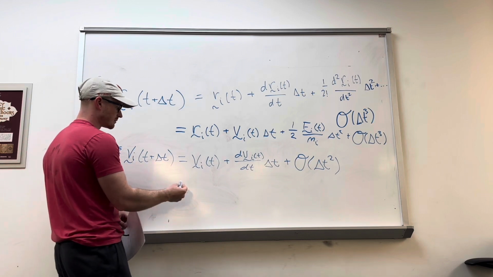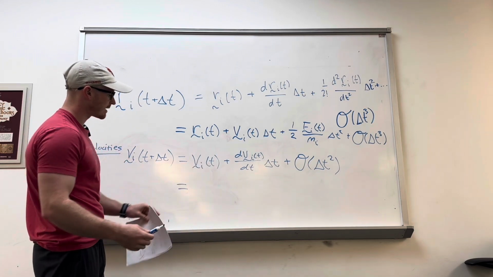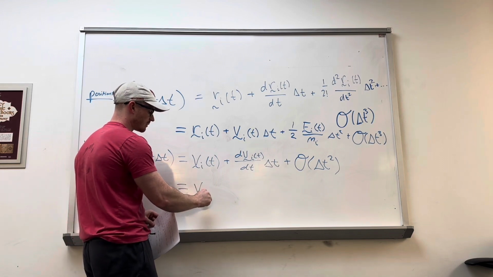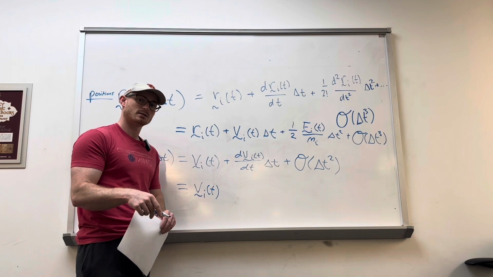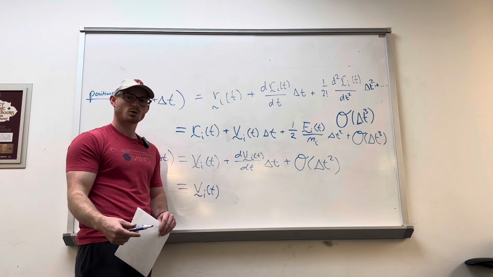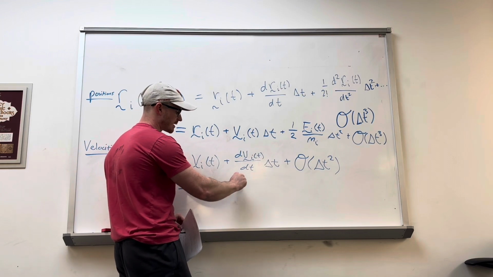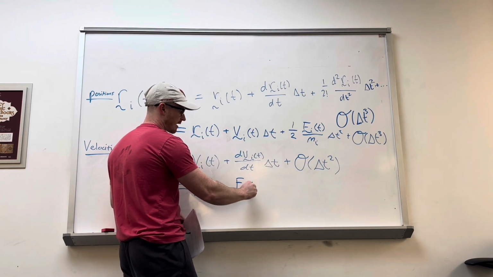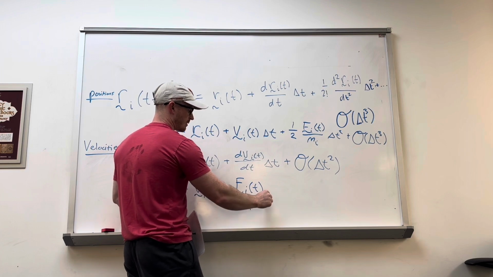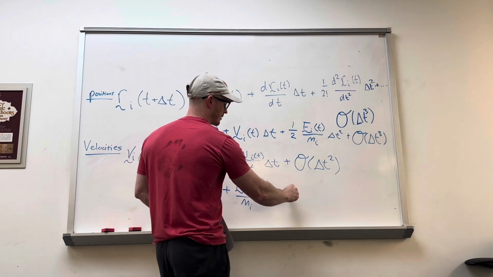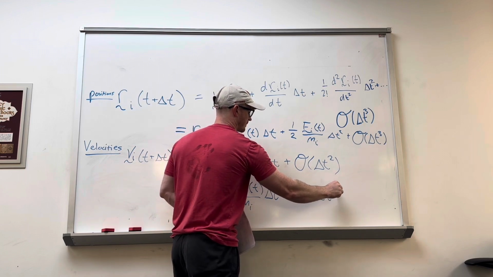Rewriting this in terms of quantities we know, v_i of t we know, so we leave it. The derivative of v with respect to t is the acceleration, which using Newton's equation of motion can be written as the force over the mass. So F_i of t over m_i times delta t plus order delta t squared.